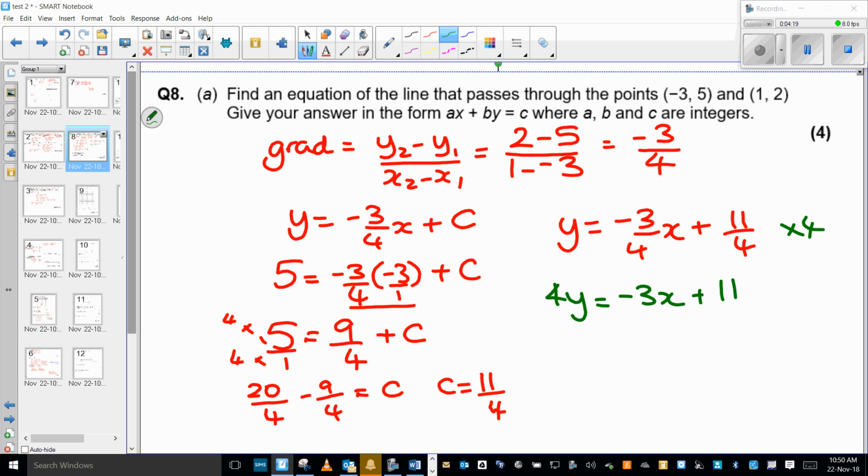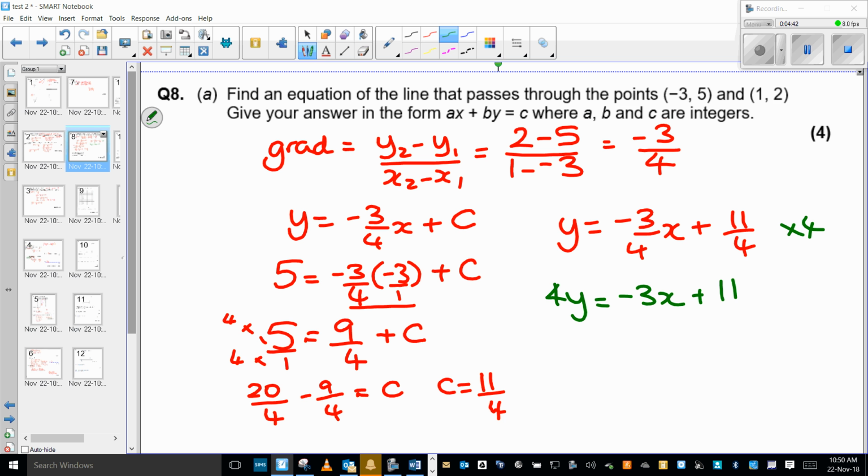So, much better now, they are integers, but they're not in the order that they've asked for. They want the x, then the y, equals the value. Remember I said ideally we would like the value in front of the x to be positive. I wouldn't have marked it wrong if you had left it negative.